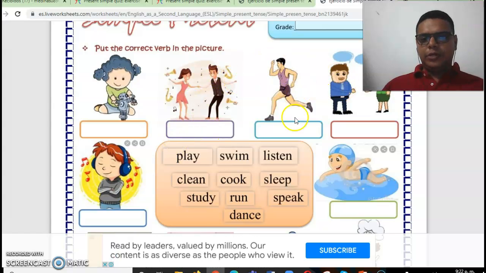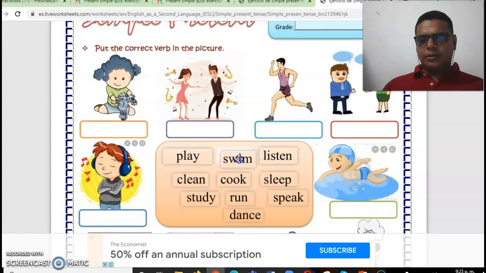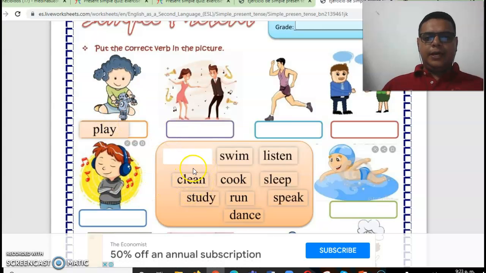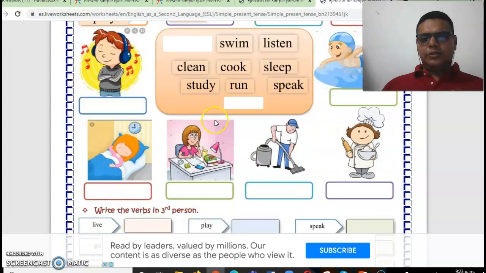Play, swim, is it like this one? Okay, or is it this one? No, it is this one. Okay, so in this case they will play. Here is play, and here is dance, and something like that.